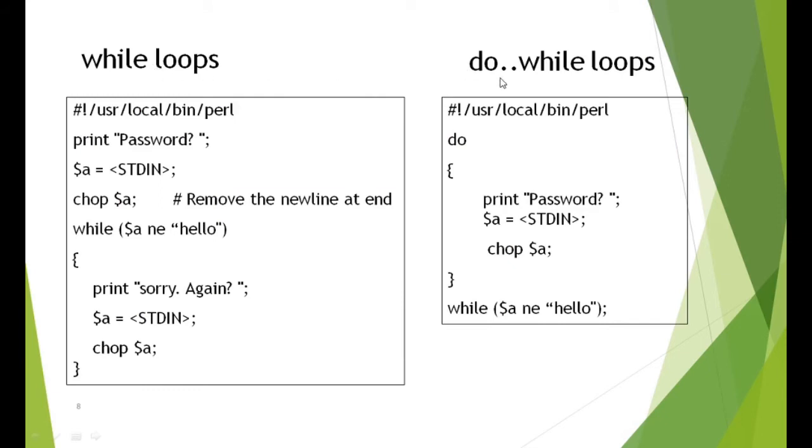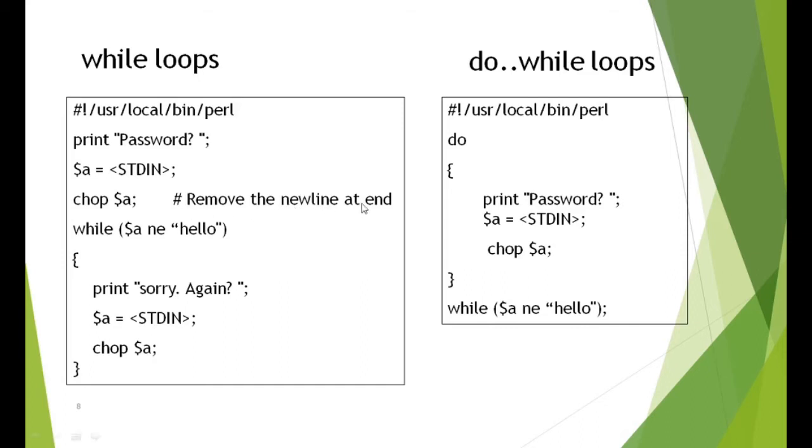So we'll see one more example here, while loop and do while. Here the print password prompt will be printed. Here I am trying to read data from the standard input device. Whenever I read data, a new line character is appended at the end. So I have to remove that new line character by using the chop operator, chop $a.